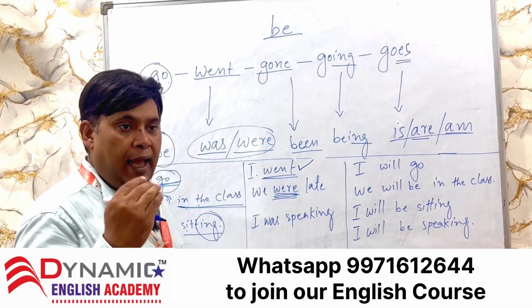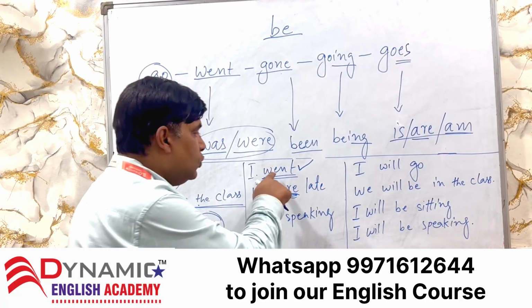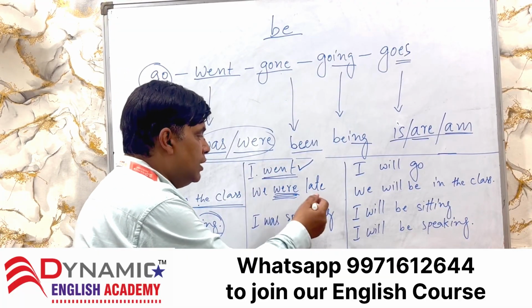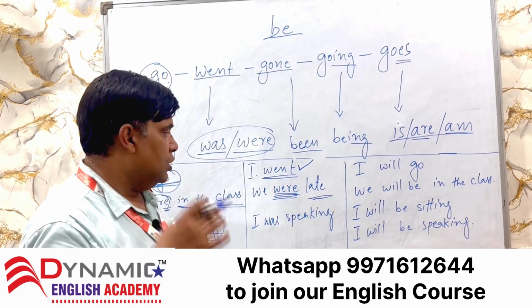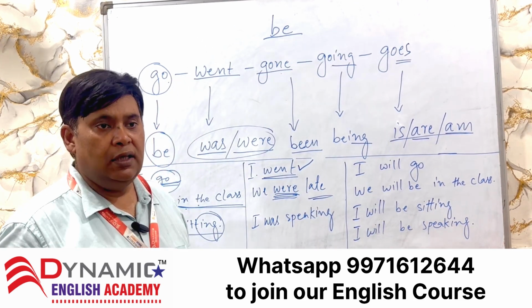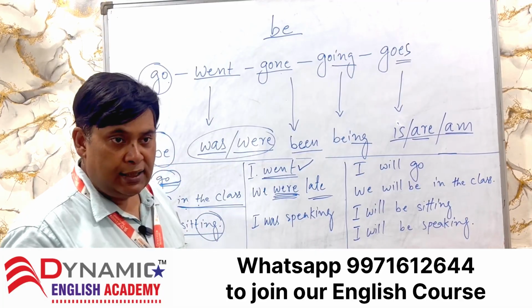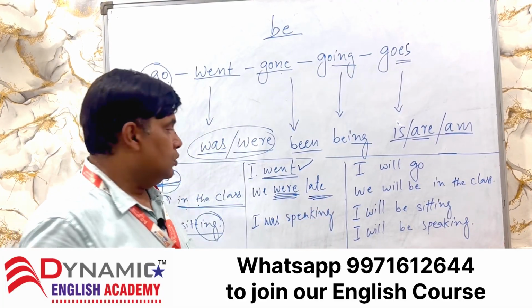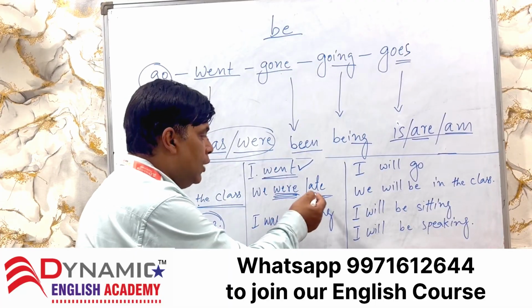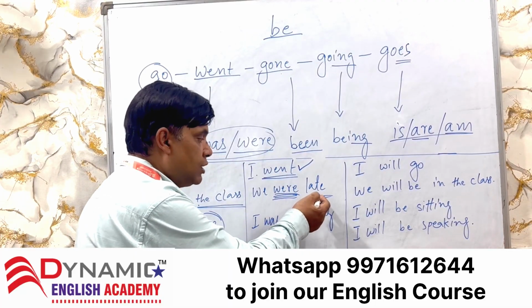So there are three options here. One, past form of action word, or the second one is no action word, adjective or any other words like we were in the class, we were late, we were happy, we were sad. So these kind of sentence where you have adjective, it is not an action word.